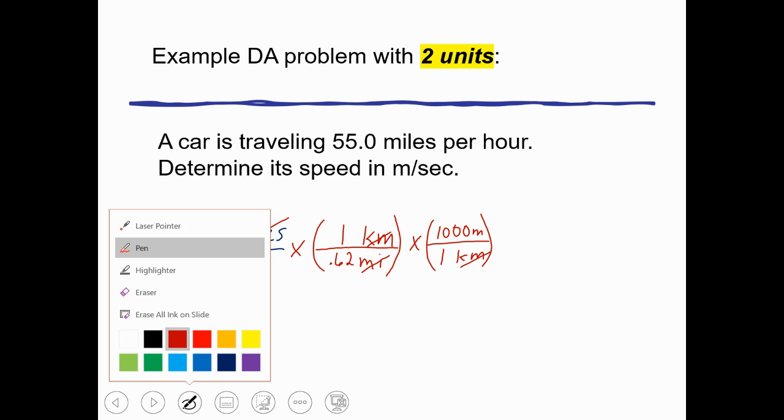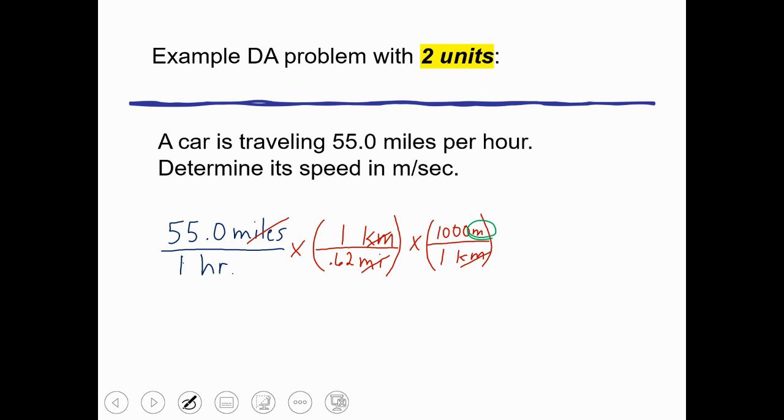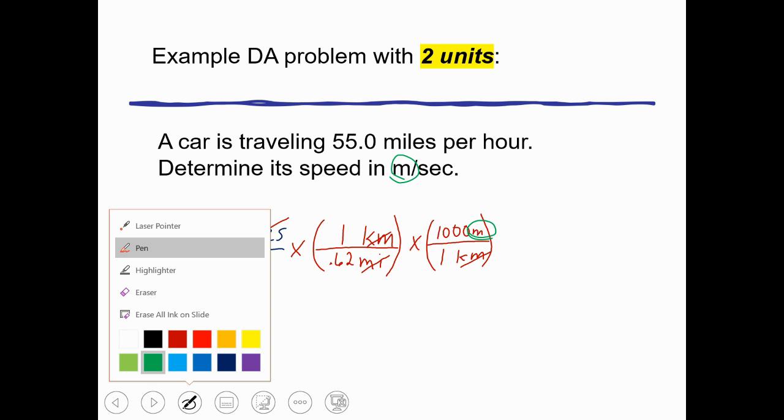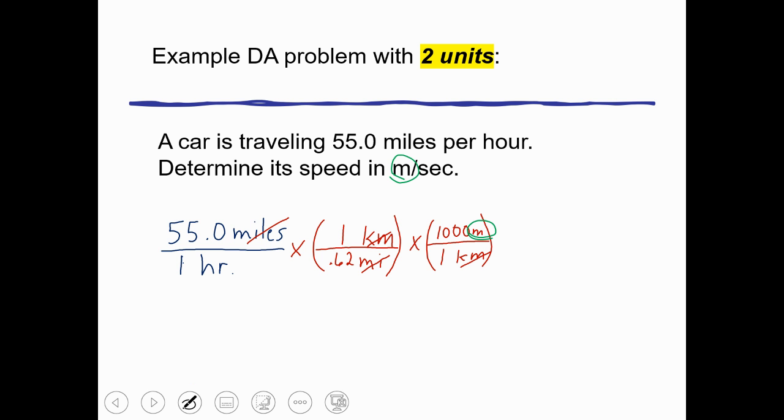And I can just stop at that point as far as the meters go. So that's exactly what I want on the top in my answer. But now I need a couple of other steps to convert the hours into seconds because I'm trying to get seconds on the bottom. Now, when I do this, since hours is on the bottom at the beginning, I have to put the hours on the top in my factor.